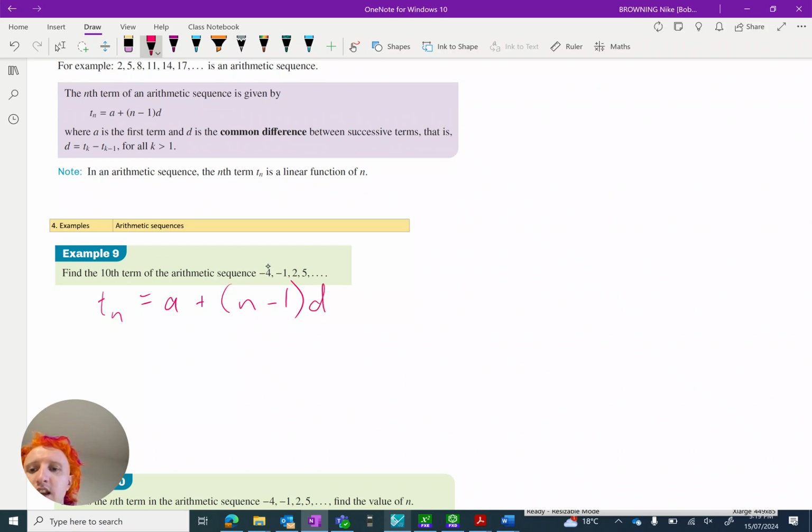We see in our first one, a is going to be -4. N is our term, so 10 minus 1. And d is how much it's going up each time. -4 to -1 to 2 to 5. It's going up by 3. So d is 3. We're looking for T10.